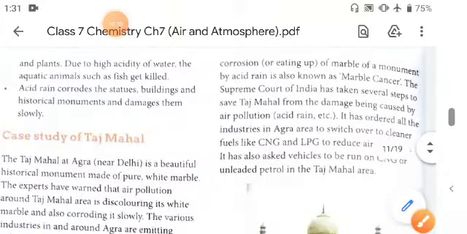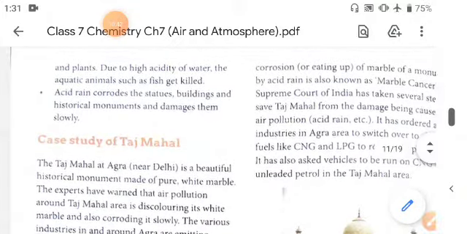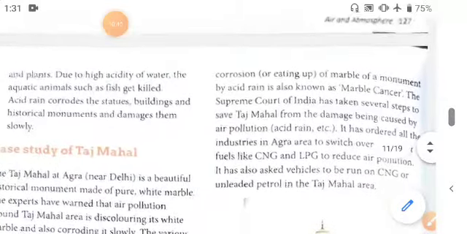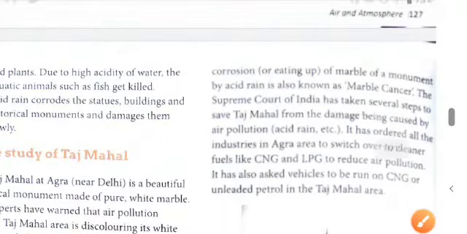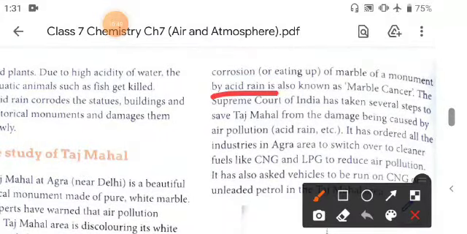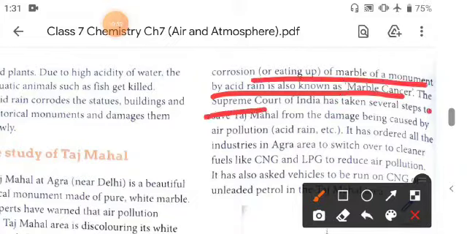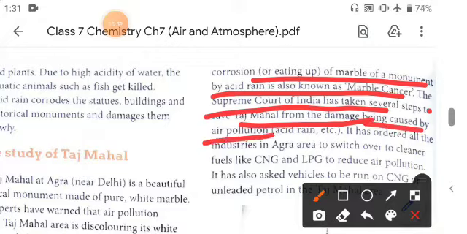The slow corrosion of marbles of a monument by acid rain is also known as marble cancer. That is known as marble cancer, and the Supreme Court of India has taken several steps to protect the Taj Mahal from the damage being caused by the air pollution.